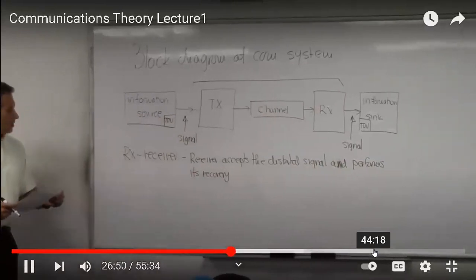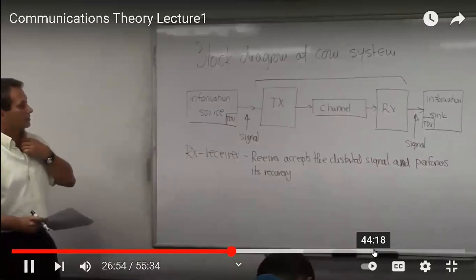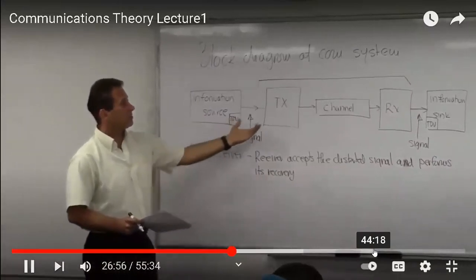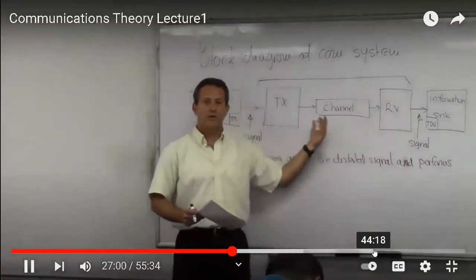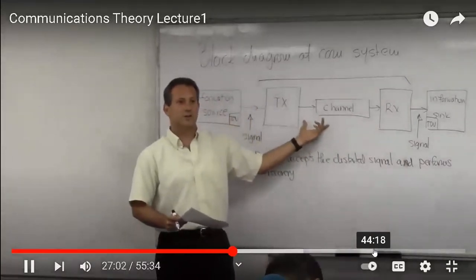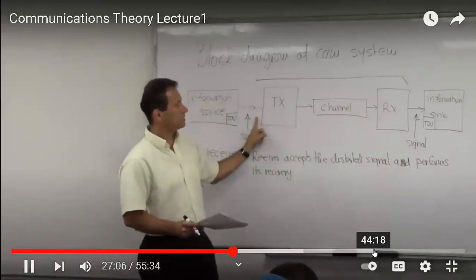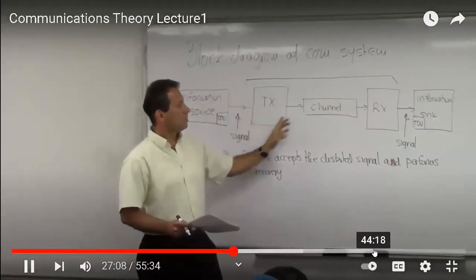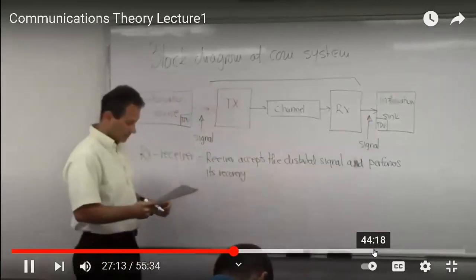And as I said, there are a lot of tasks that it needs to do. We'll talk about some of these tasks, but in essence, whatever the transmitter does to the signal, the receiver needs to undo. Whatever the channel does to the signal, the receiver needs to undo, so that whatever came into this system, hopefully something very similar comes out at the output of the system.